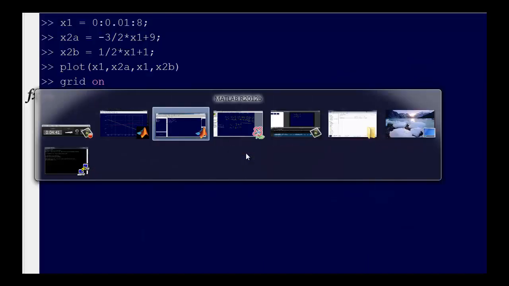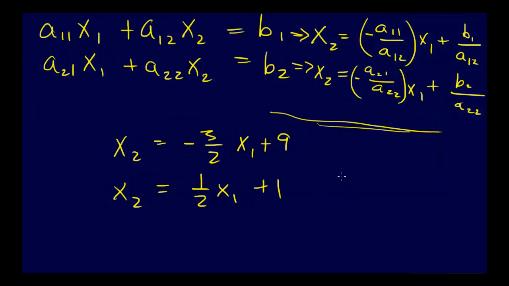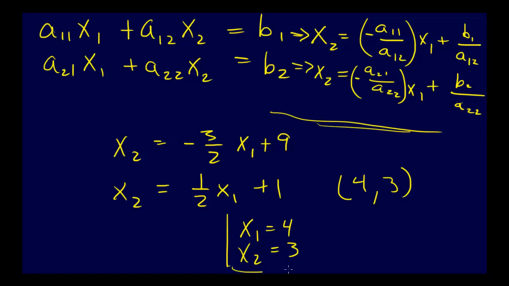So those cross at the point 4, 3, which means that x1 equals 4, x2 equals 3, and that is our solution to this system of equations.